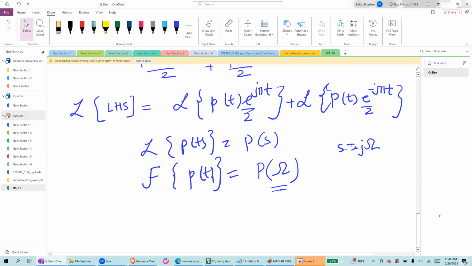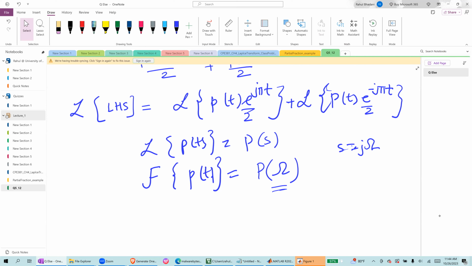Now we can use the frequency shift property: if there is an exponential in the time domain multiplied by any function, that will cause a frequency shift in the frequency domain.